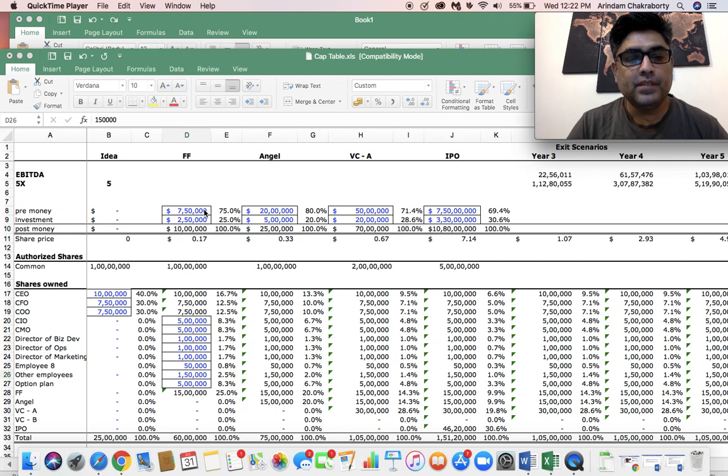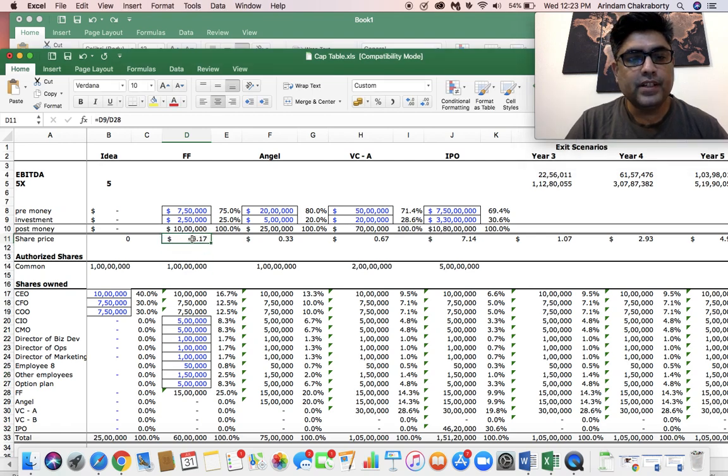So, say the pre-money valuation of the company was $750,000, and an investment was looked for from friends and family to the tune of $250,000. So the total post money valuation gets to be $10 lakh, right?